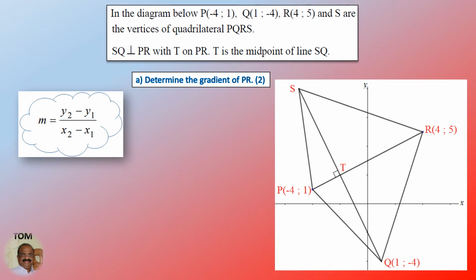We have P and R. We will substitute the coordinates into the formula very carefully. We have M PR is equal to 5 minus 1 over 4 minus of minus 4, which is plus 4, which simplifies to half. Use the calculator.